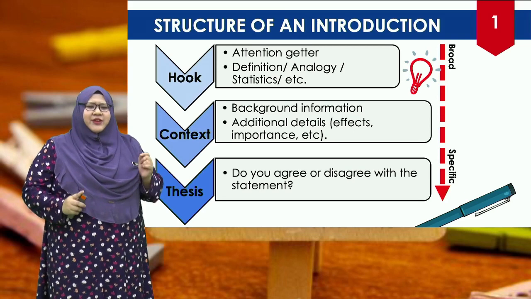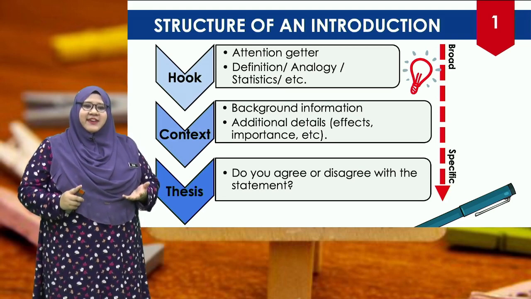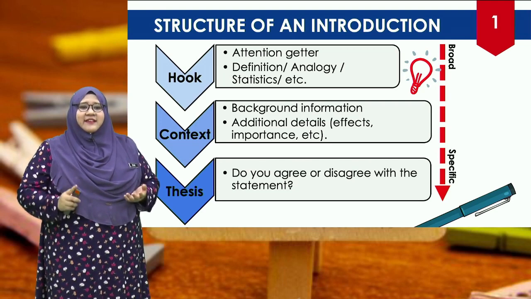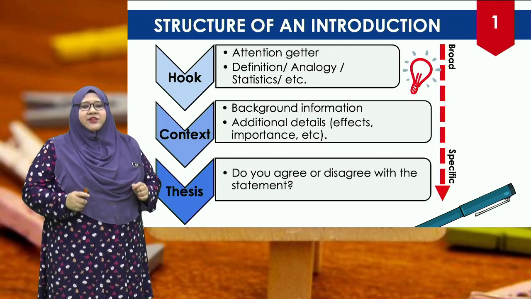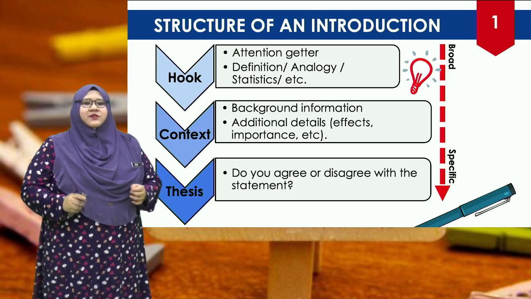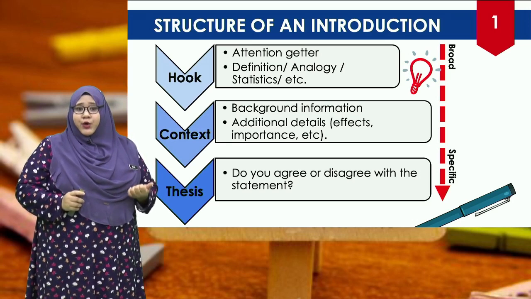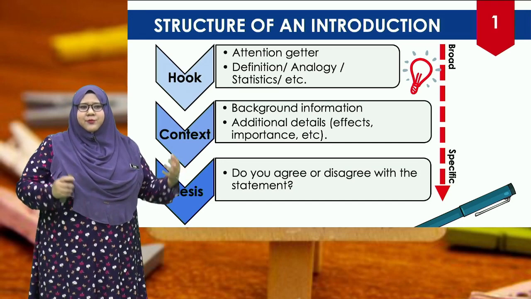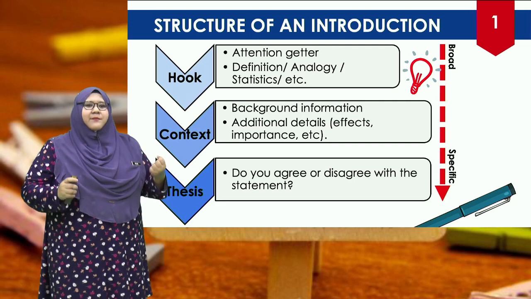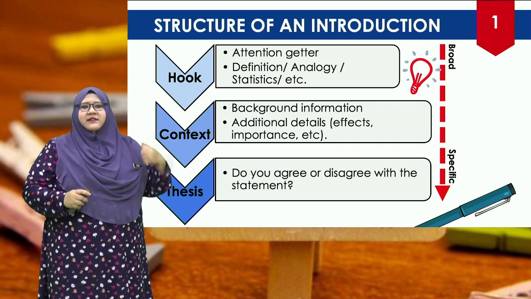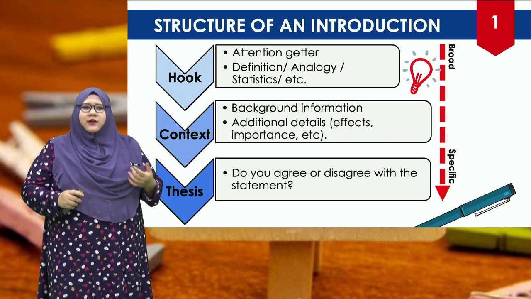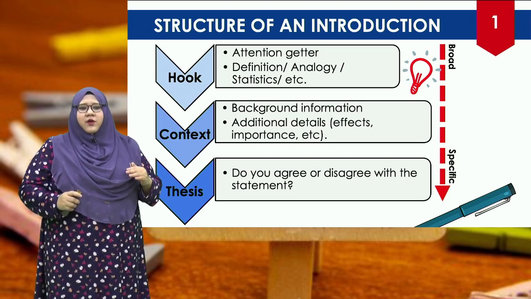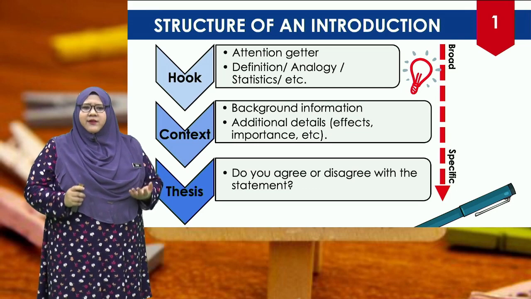Let's have a bit of a recap. In our previous session, we have talked about the structure of an introduction. It's still the same with argumentative essay. In your introduction, you have your hook, in which you try to grab the attention of your reader by using definition, analogy, statistic, quotes, or headlines, and then you give your introduction a little background details.